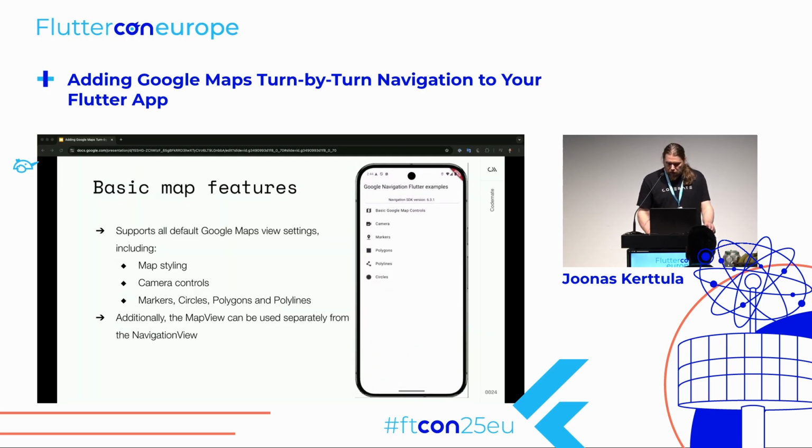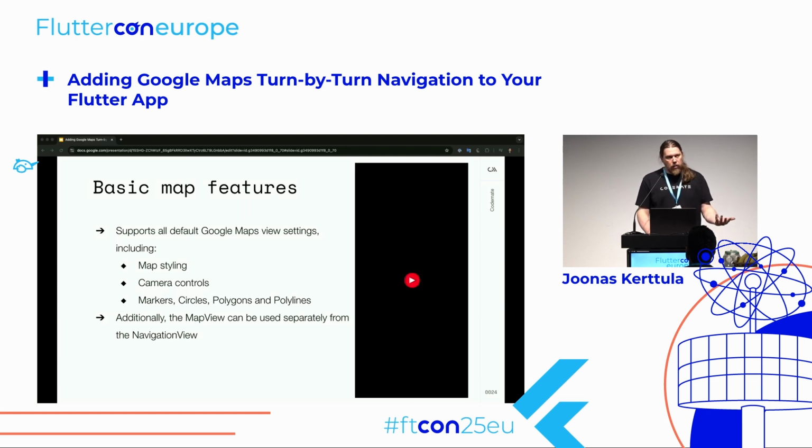So there are cases where, when you start navigation in your application, you might have a separate page where you want to show a normal map without any knowledge about the existing navigation process. So that's doable with that.